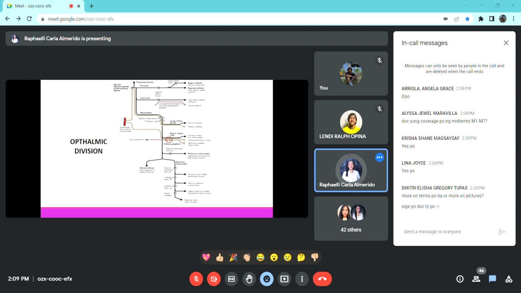Okay, so for the trigeminal nerve, focus on the branches and what it innervates. Okay. I rarely use different pictures unless we do a move exam type of exam, like actual specimens.